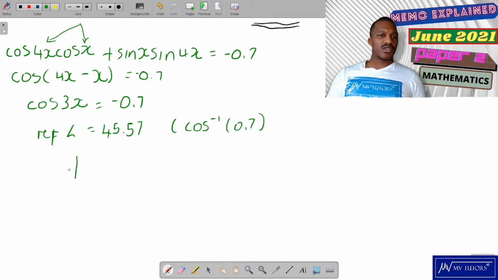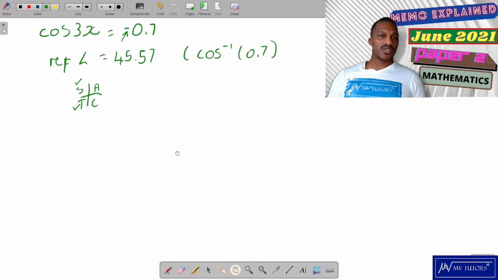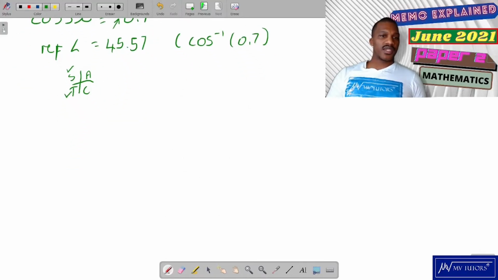Now you need your CAST diagram once again. We're looking for where cos is negative. We know it's negative in the second quadrant and the third quadrant, because in the first and fourth cos is positive. So how does this help us? Let's start with the second quadrant.